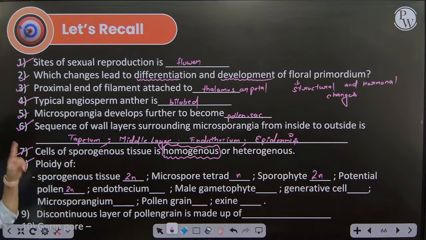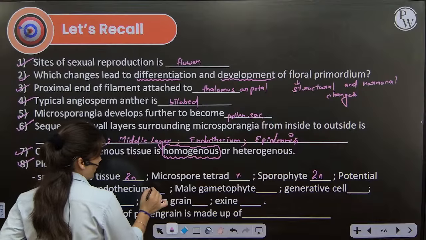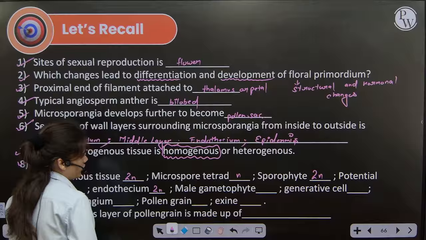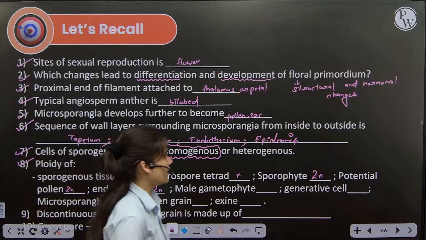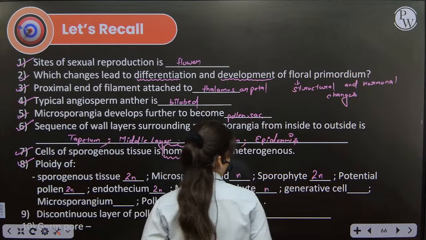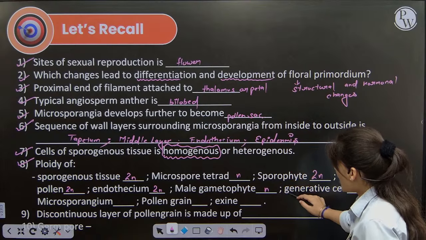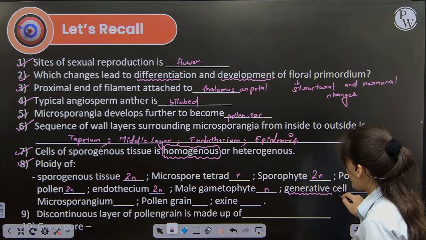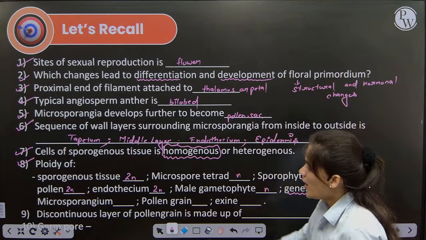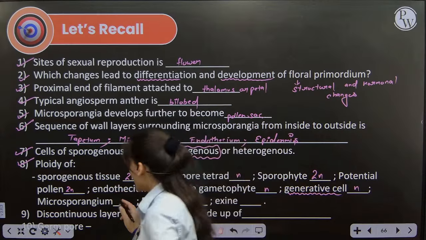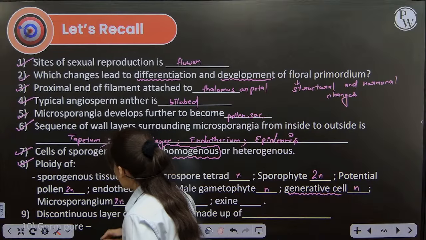The endothecium is the wall layer which surrounds the microsporangia, so it is also part of the sporophyte. The male gametophyte is haploid. The generative cell and vegetative cell are part of the pollen grain, so these are also haploid. The microsporangium is part of the sporophyte, so it is 2N.